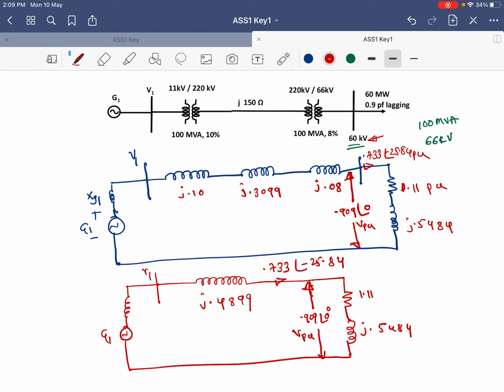How to find V1? We know the terminal voltage. If you add to the terminal voltage the drop of 0.4899 times 0.733, you get V1.